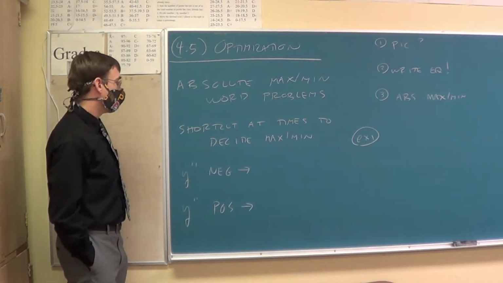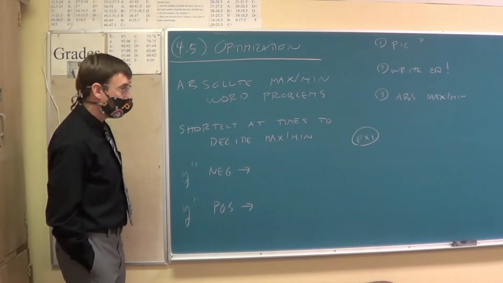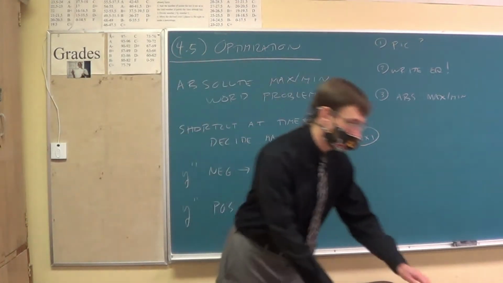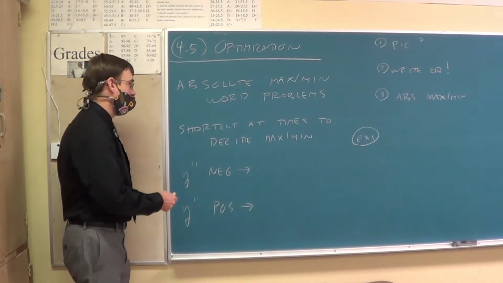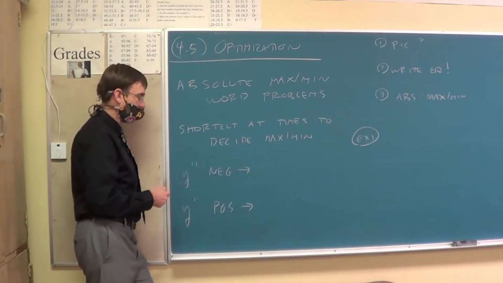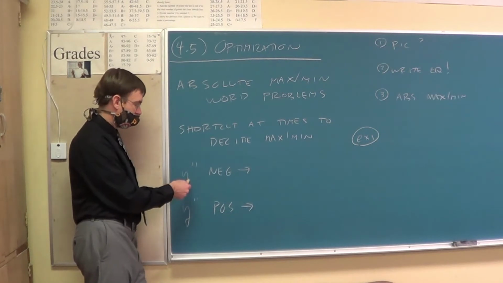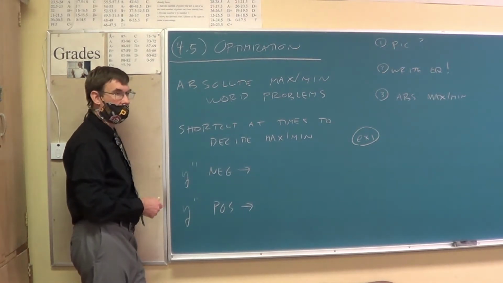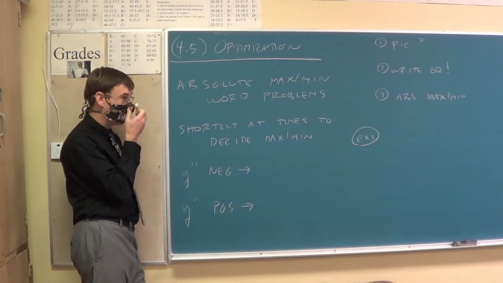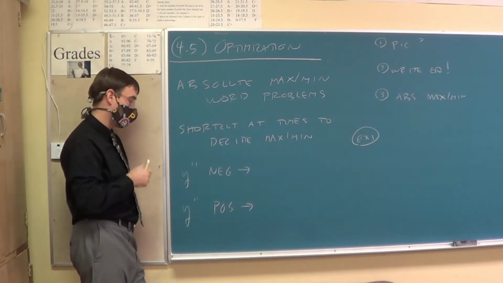Here's a shortcut that we can use to decide max and mins now that we had a lesson from 4.2 where we did the second derivative, which actually can help us back in history a little bit. If the second derivative was negative, what was that called from 4.2, the day that we used first and second derivatives to graph things?